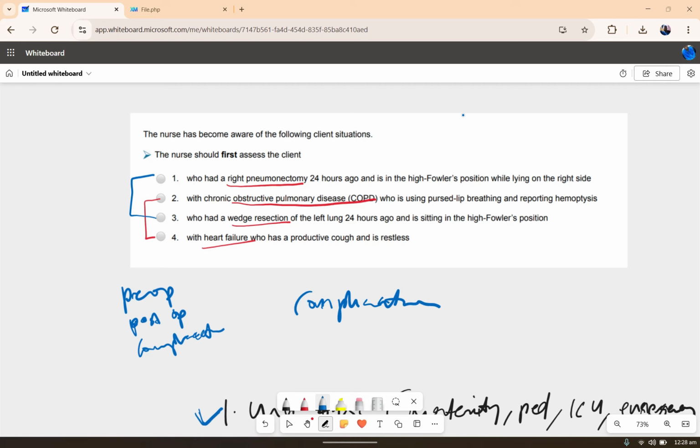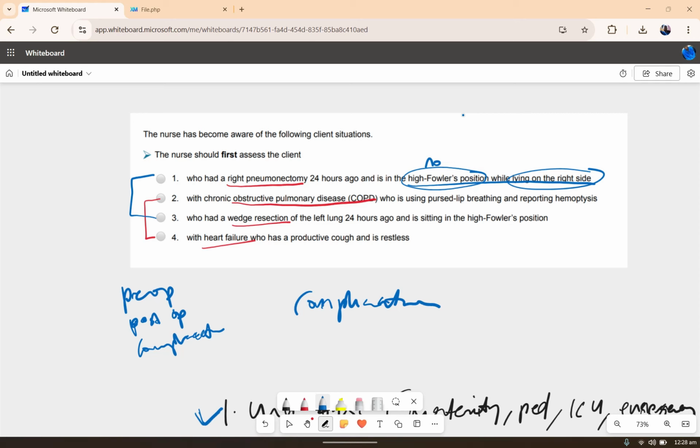I'm trying to see, are we having intervention or sign and symptom, right? Right here, I'm seeing that we have an intervention, high Fowler. So is high Fowler bad for the patient? No. So that's not a problem. Lying on their right side. I need to ask myself, should they be lying on their right side or not?